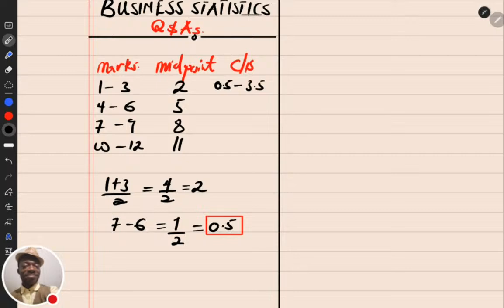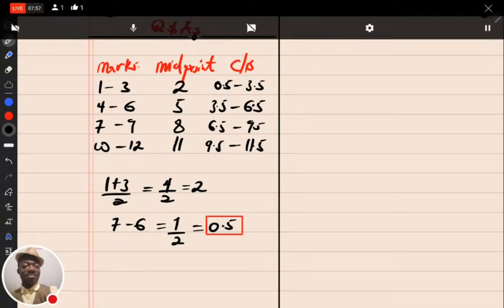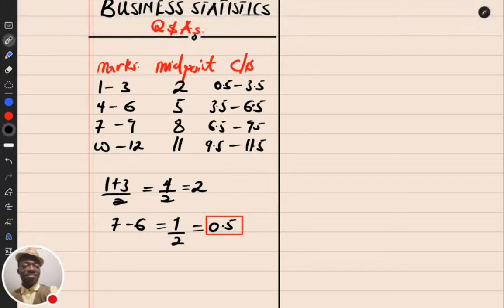You do the same thing to all the classes. So you get 3.5 to 6.5. Likewise here, you get 6.5 to 9.5. Then here you get 9.5 to 11.5. This is how you calculate the class boundary for a particular class. So let's take note of that.